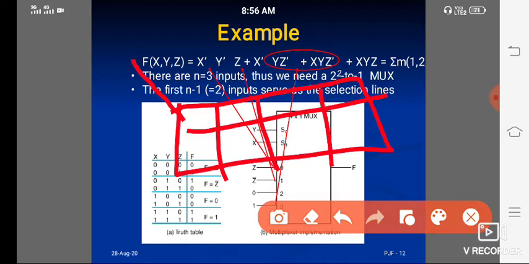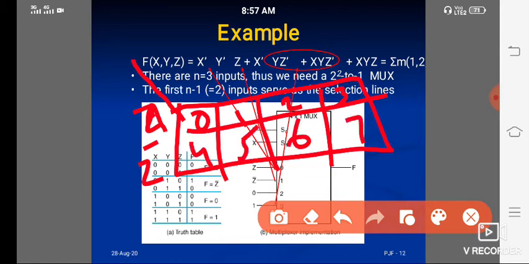This is the value of Z bar. Here note down the values 0 1 2 3 4 5 6 7. Our values are 1, 2, 6, 7. Circle 1, circle 2, circle 6, circle 7. These are our values.